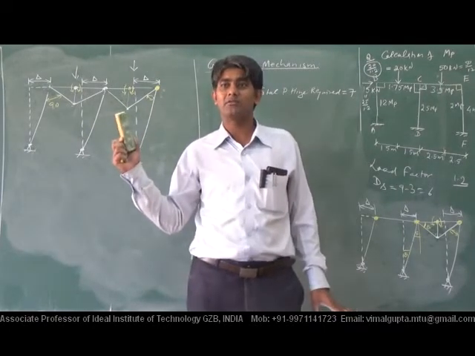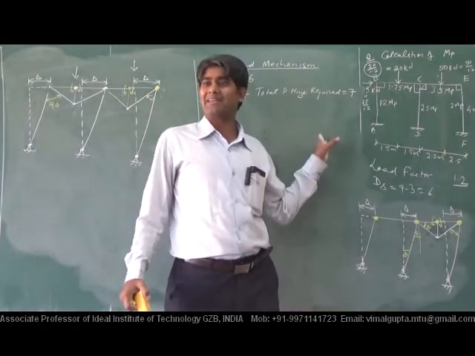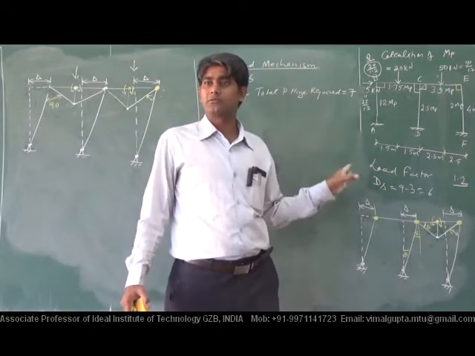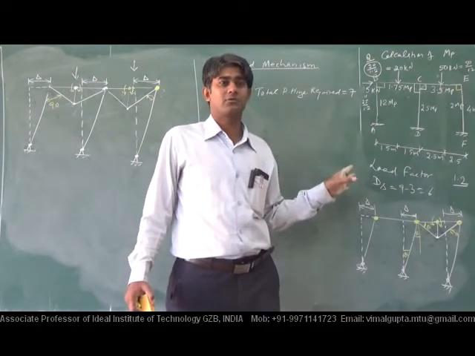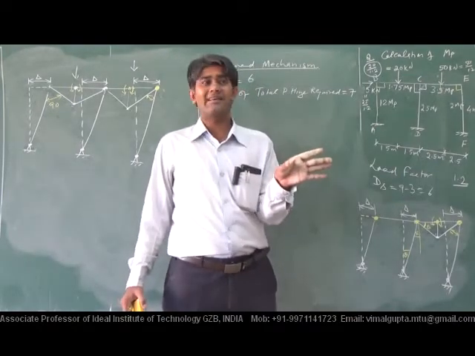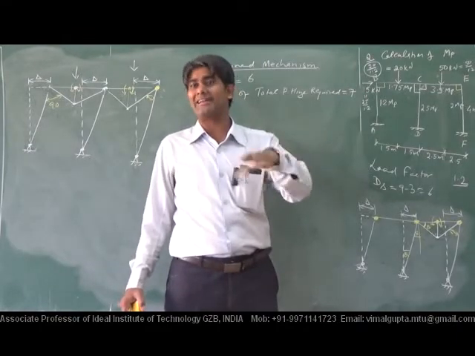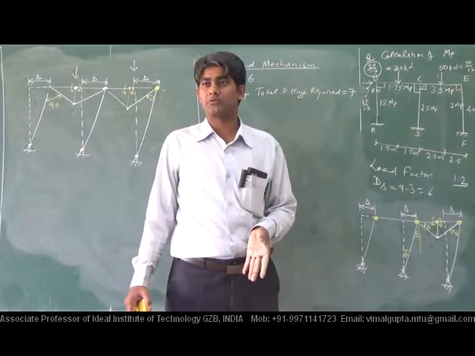Many of us are very much confused that combined mechanism is the combination of beam and this one. Many of us are very much confused, because that consideration is correct 90%. In 90% of the question it is correct, of course.